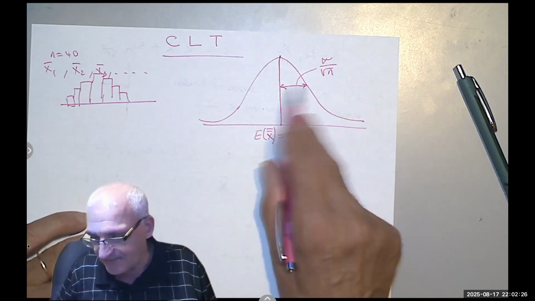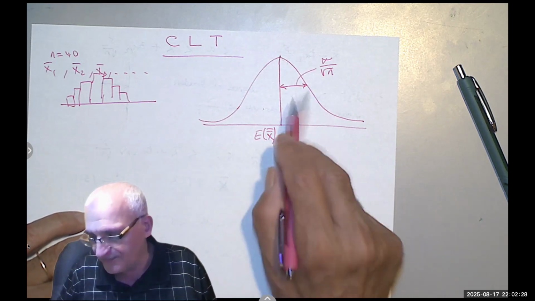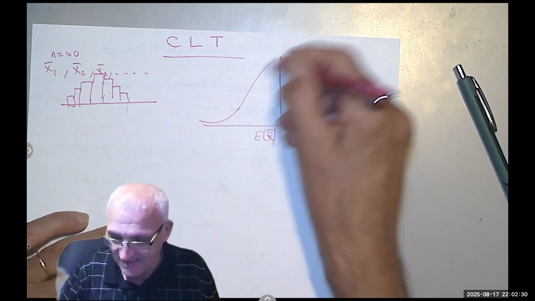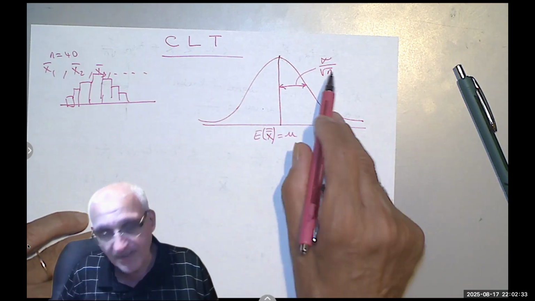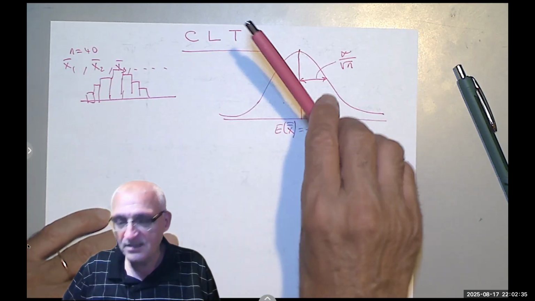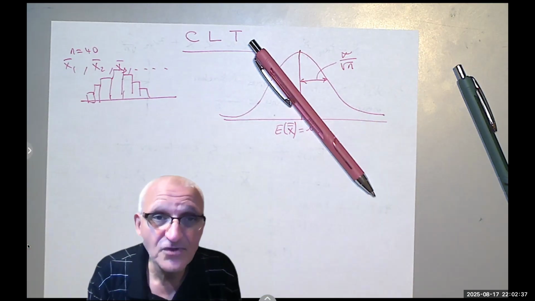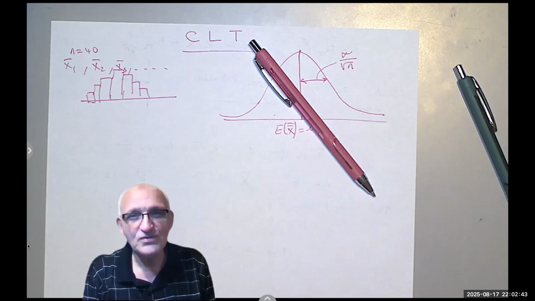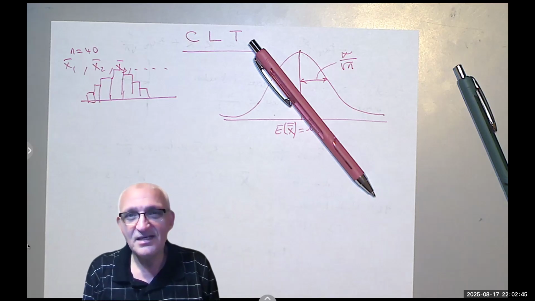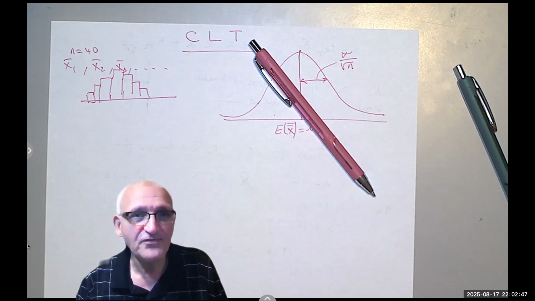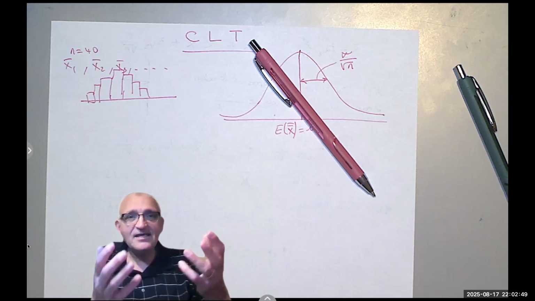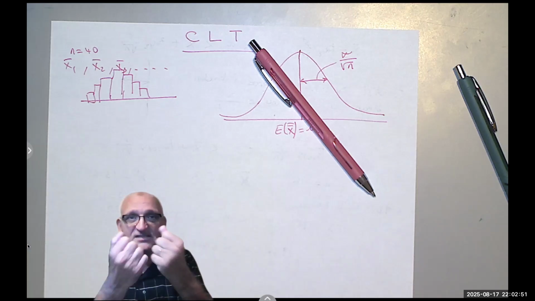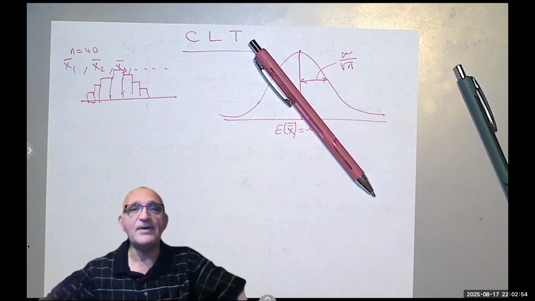So if you calculate the standard deviation of these X bars and you multiply it by root n, you get the standard deviation of the original distribution. I know it's a little confusing, but that's very powerful. Meaning I'm getting samples from a distribution that I don't know anything about.